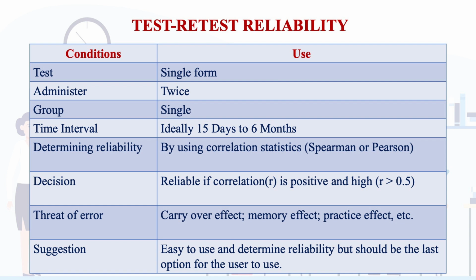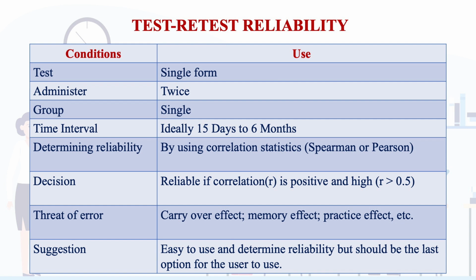When the single test is administered twice upon the single group of students, you will subsequently find two sets of scores, because you have administered it twice. Then what you have to do? After getting two sets of scores, you have to find out the reliability coefficient of these two sets of scores by using either the Spearman method or the Pearson method.